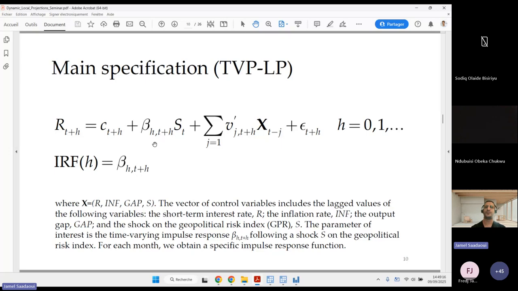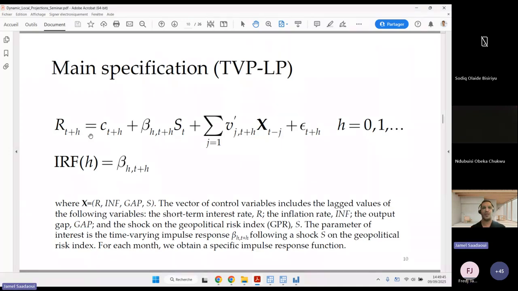But from an applied economics perspective, what you can retain is that it is a very flexible tool to estimate different kinds of structural breaks, nonlinearity, state dependence, regime change, or whatever.